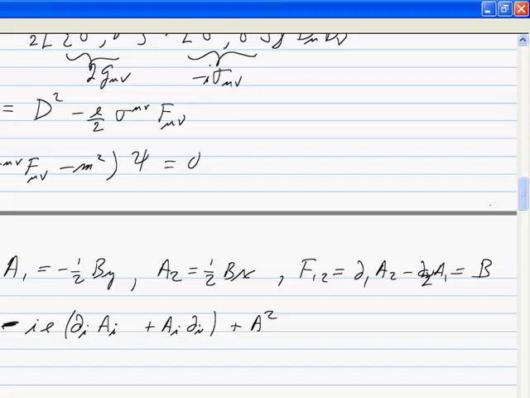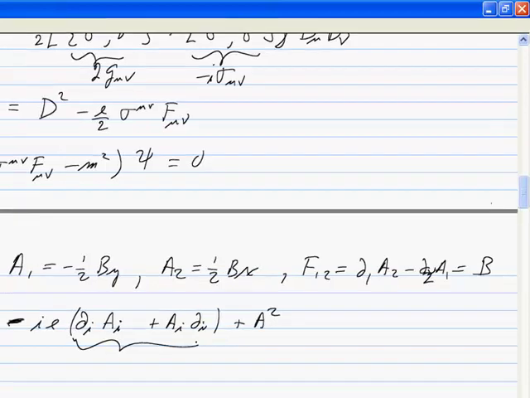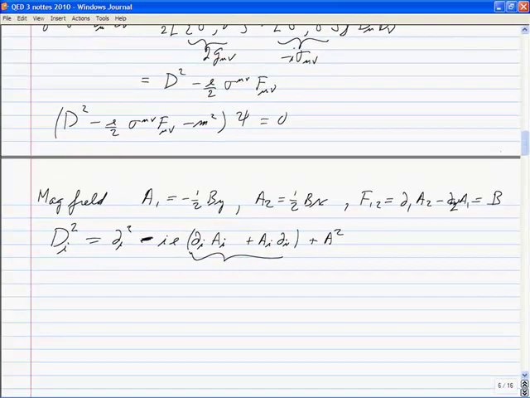Okay, the A squared piece is of order B squared. We're not interested in it. But again here, you've got some things that don't quite commute. The derivatives.